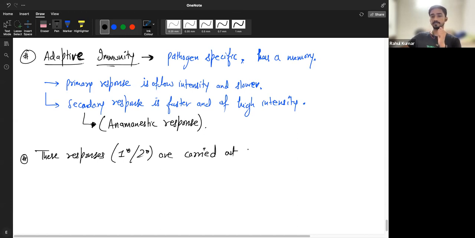What are the main players? Okay, write down. They are carried out by two special types of lymphocytes.